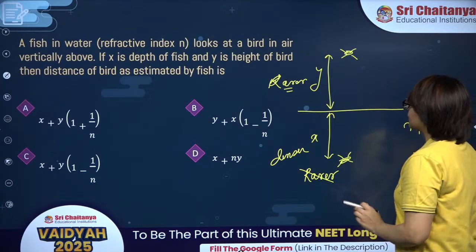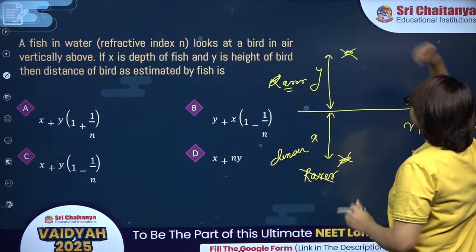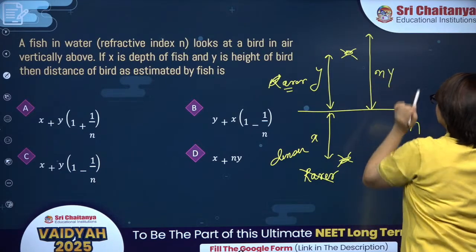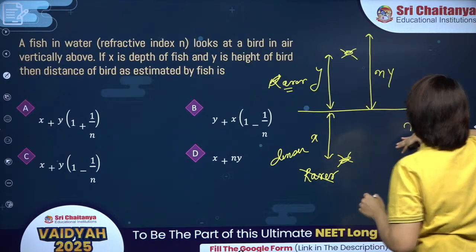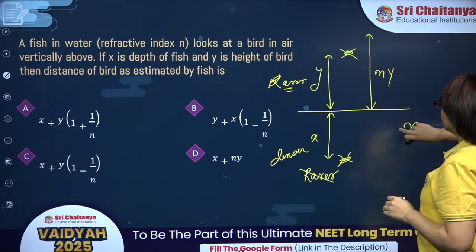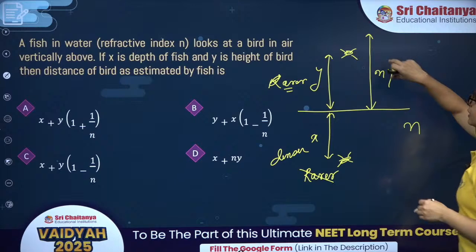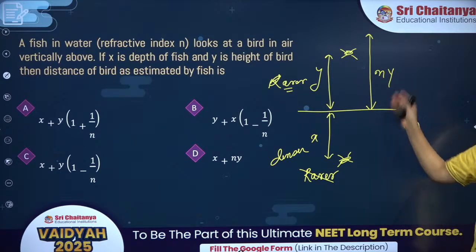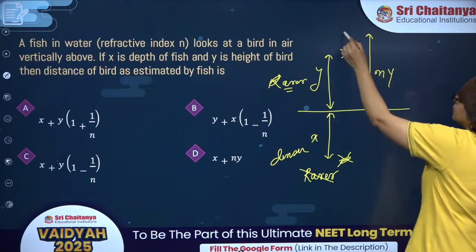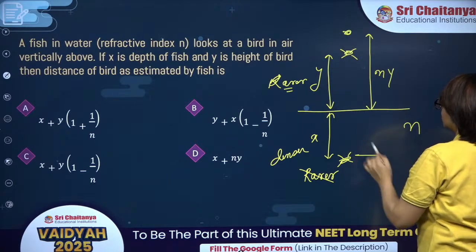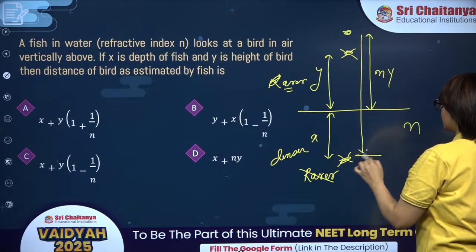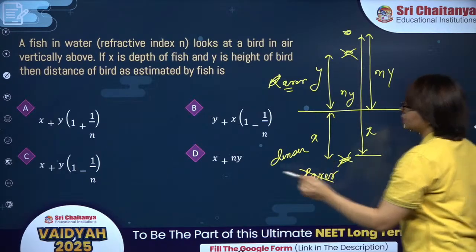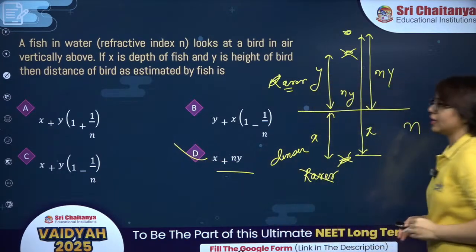So the object will appear slightly above its actual position, and the apparent height will be n times y, the refractive index of the denser medium divided by that of the rarer medium, times y, where y is the actual height. So the distance of the bird estimated by the fish will be x plus ny, which is option D.